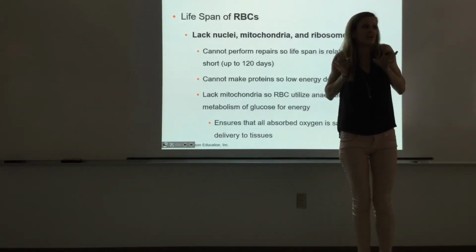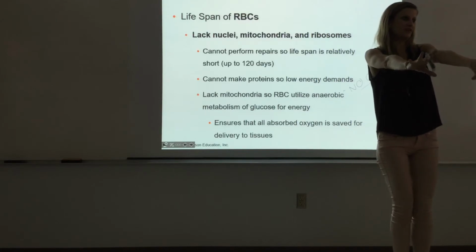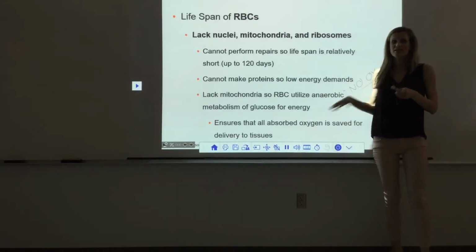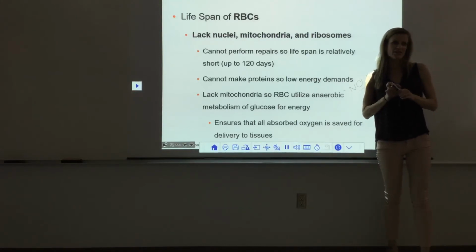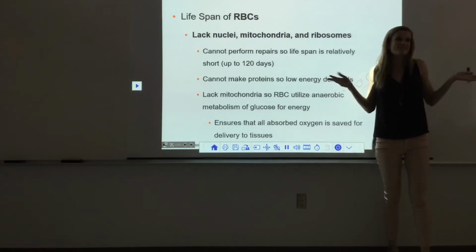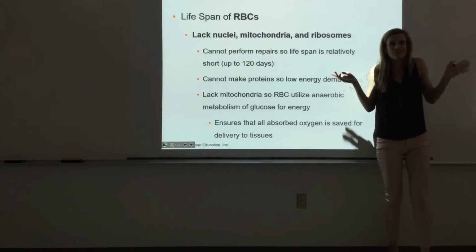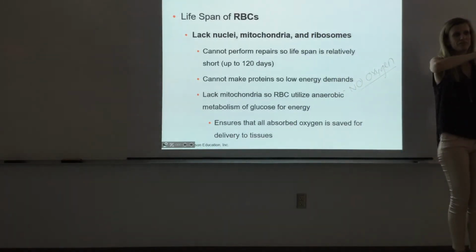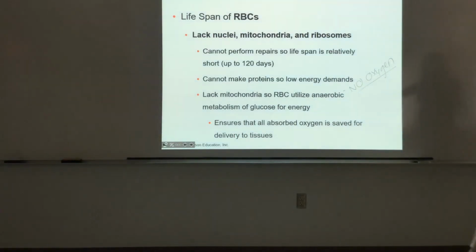We want him to just carry the oxygen and then drop it off at the target cells. So this lack of mitochondria ensures that the red blood cell is not going to use up the oxygen that it carries. It can't. So it just makes ATP anaerobically, doesn't need very much ATP anyways, that's enough, it's fine. And all the oxygen that it absorbs will get delivered to the target cell. Good? Good.